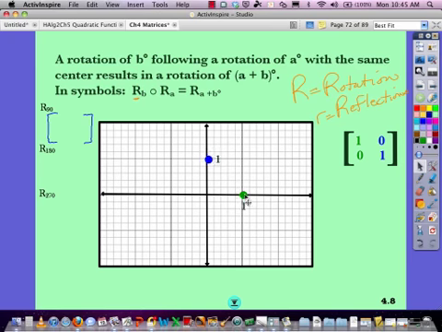Now I've got them stuck together, so let's unlock those for a second. So if I rotate the first point, 1, 0, it would go here. So that would be the point 0, 1.